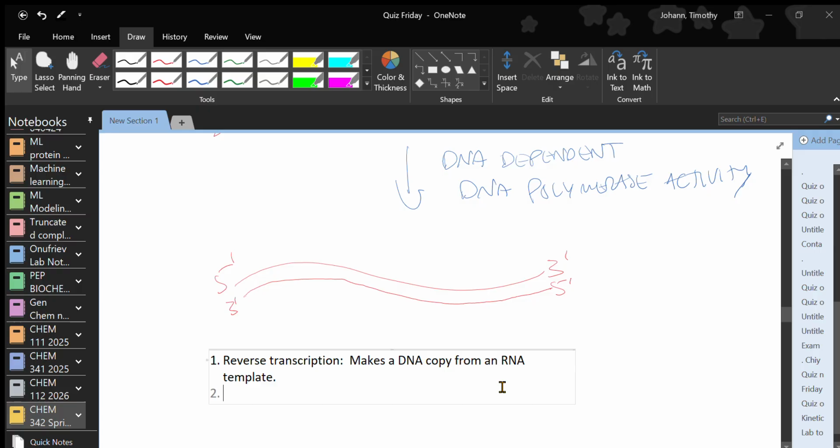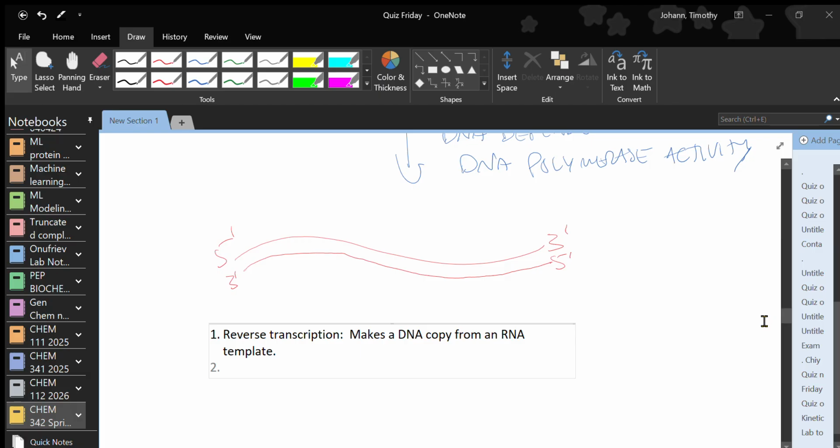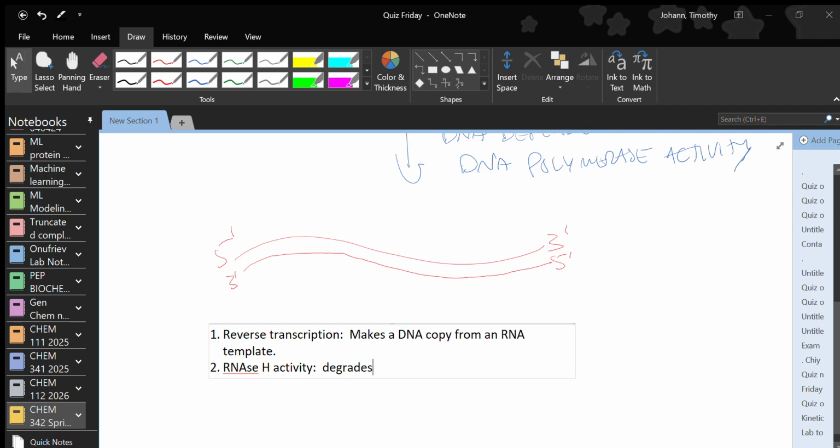The second part is once we have that DNA-RNA hybrid, it degrades the RNA strand of a DNA-RNA hybrid. So that's going to be RNase H activity. And then our final activity is to make a DNA copy from a DNA template.